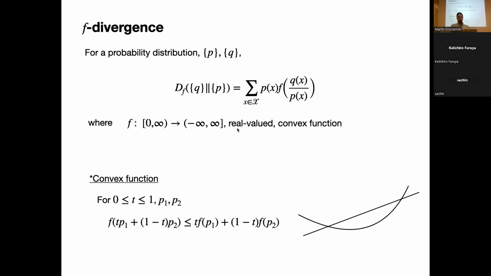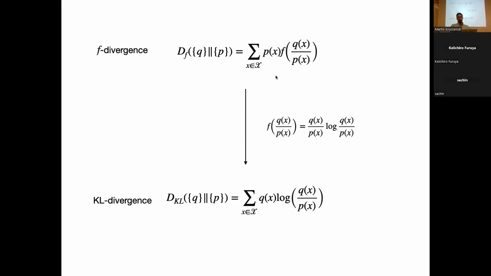So this is a real valued function, and f should be a convex function. Convex means that if you have some parameter t ranging from 0 to 1, with p1 and p2 here, it satisfies this inequality. Naively and geometrically, it looks like this curve. This is a convex function. A concave function is the other way around. So this is the classical definition of the f-divergence.